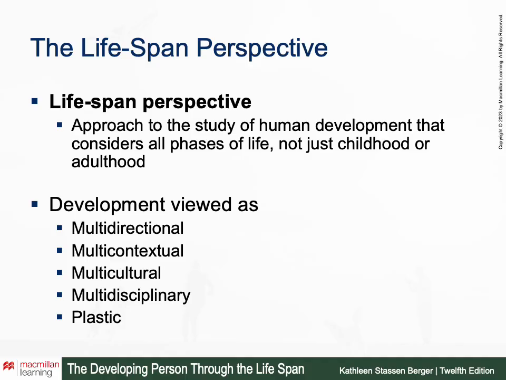And again, the lifespan perspective, looking at the entire range of development, and looking at development viewed through these different lenses that we are going to get into as our chapter goes on.